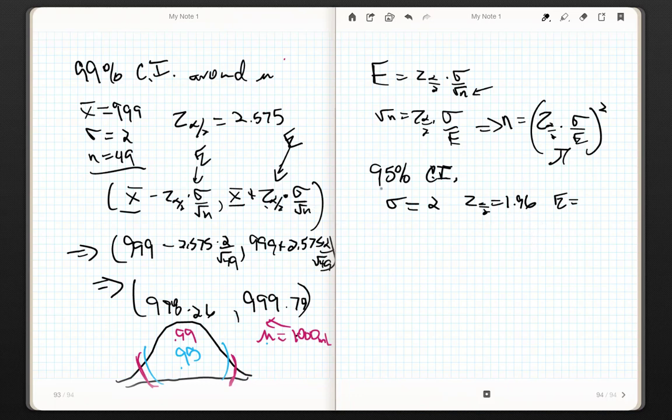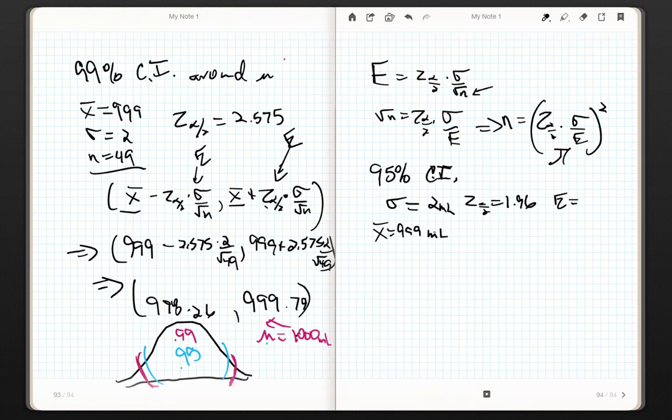Now, the difference between confidence intervals around the mean and around the proportion: when we're doing them around proportions, this error is going to be a certain percentage point. But when we're doing it around the mean, it's going to be in the same units as our average. Remember, X bar was 99 mLs, right? So our error isn't going to be a percentage that we're off.